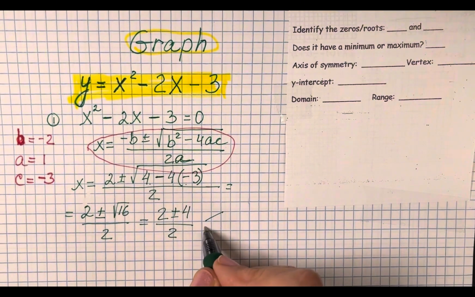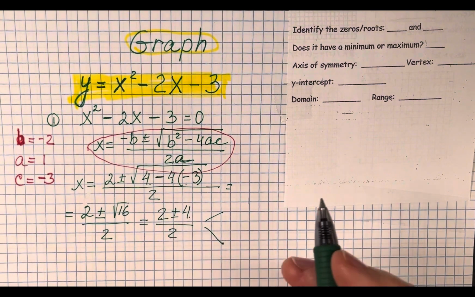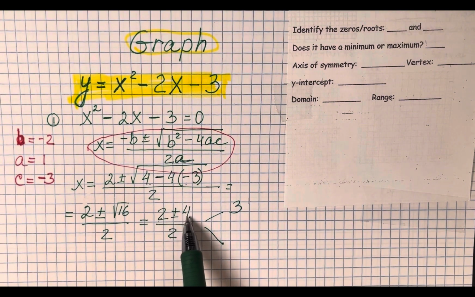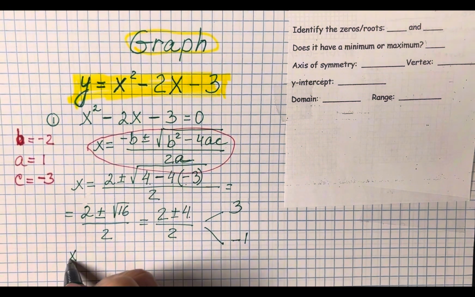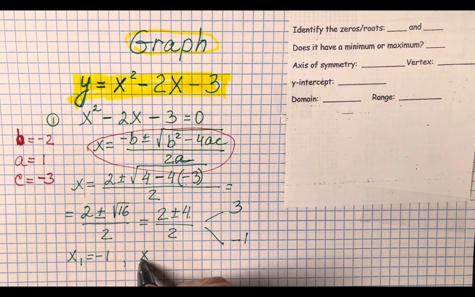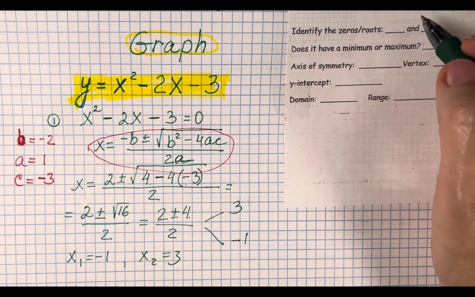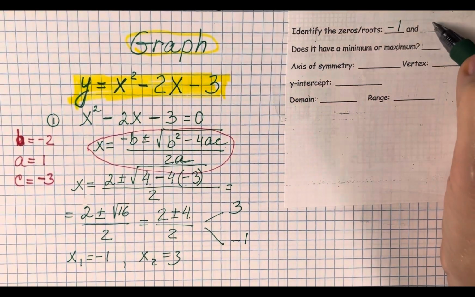We have two solutions. 2 plus 4 is 6, 6 over 2 is 3. 2 minus 4 is -2, -2 over 2 is -1. So we have x1 equals -1 and x2 equals 3. And we can fill it in. So we have zeros: -1 and 3.